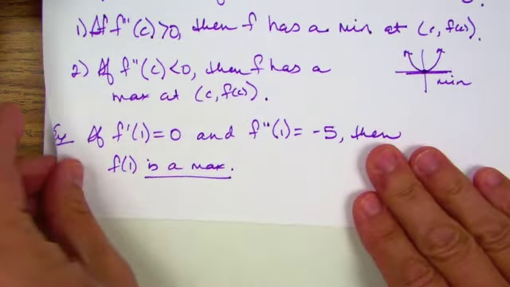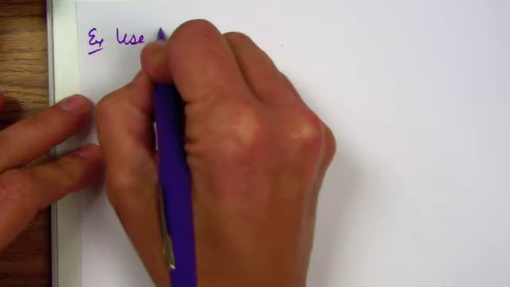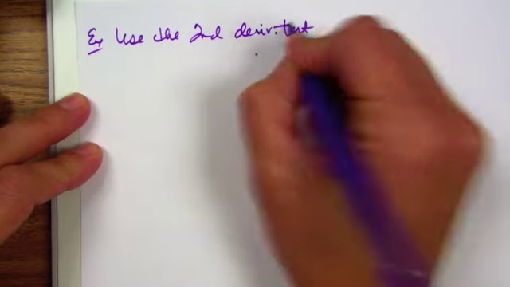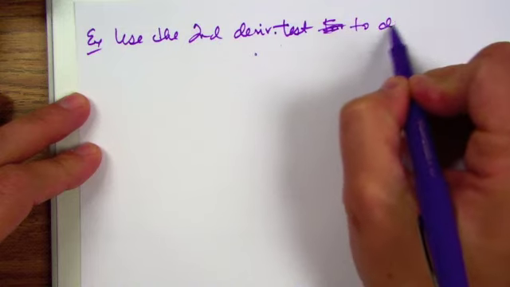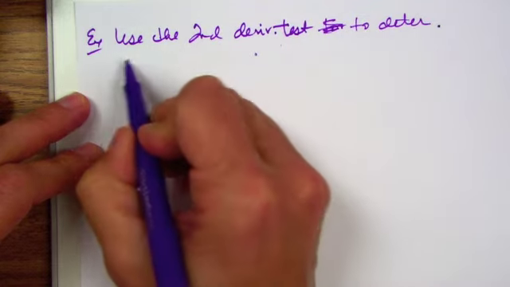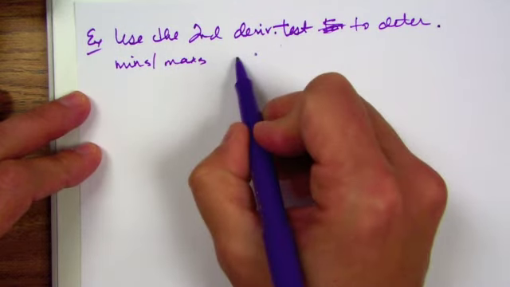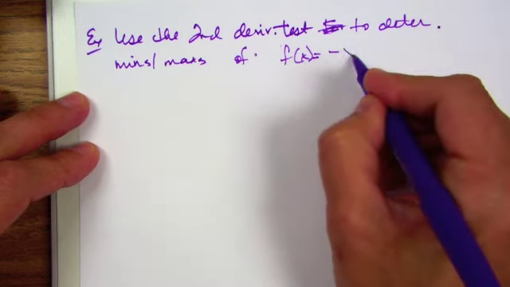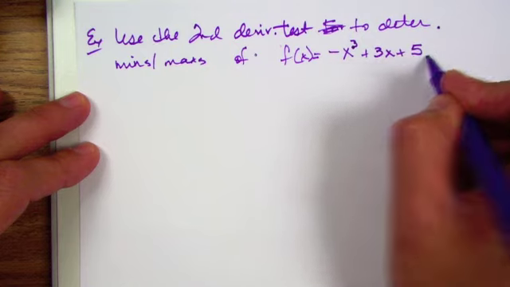I can see if I can work this last example with you real fast. Got 2 minutes, I think. Use the second derivative test to determine mins and maxes of f of x equals negative x cubed plus 3x plus 5.